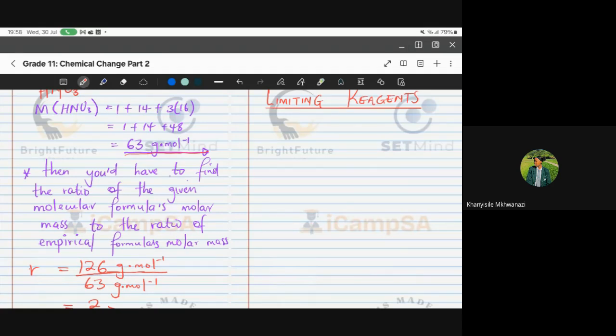You can never, in any world, take 2 kilograms of flour and 20 liters of water to make muffins. It just would never work, right? However, you can maybe say 2 kilograms of flour and 2 liters of water. Maybe that would work, but not the whole 20 liters. So this limits the number of muffins that we can make, right?